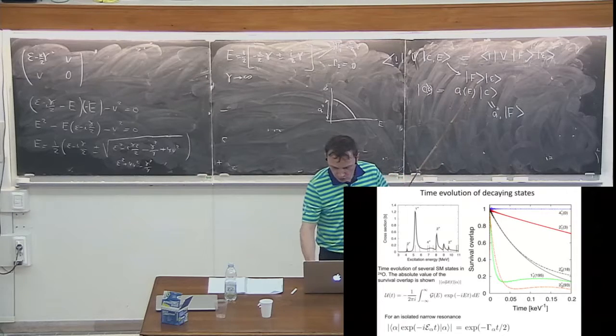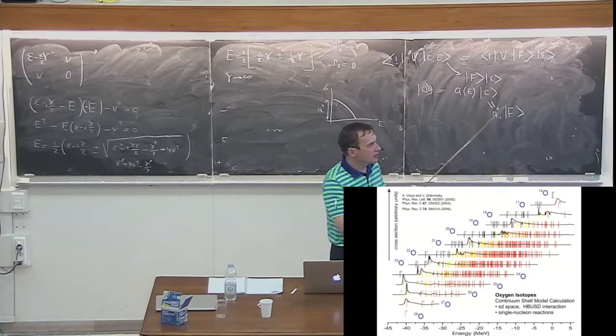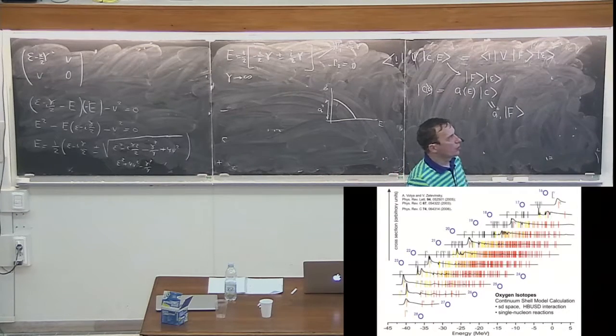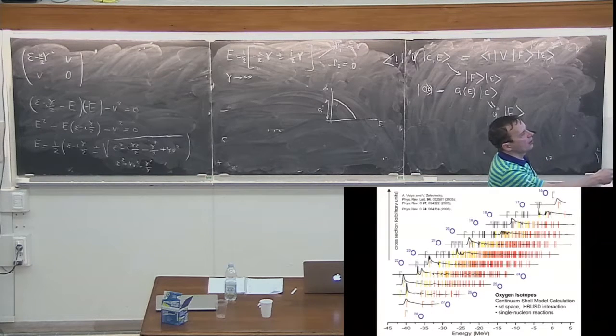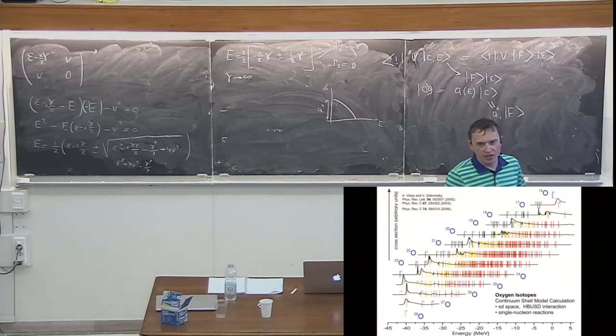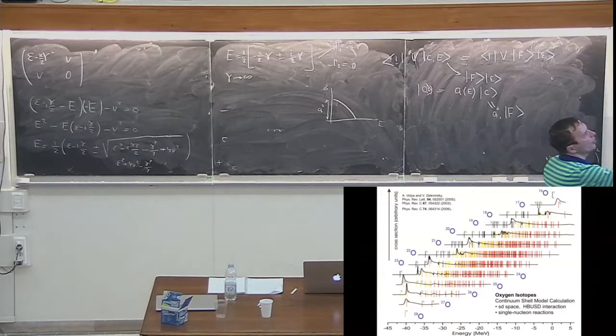Okay, now this model can be greatly expanded, and this is the example that we did some years ago. This is a complete solution of all these oxygen isotopes. What is shown here is their states. Here we have states for different oxygen isotopes, and for each isotope, we have a curve showing a cross-section for neutron scattering on, so for example, if I have here oxygen 21, that would be a neutron scattering on oxygen 20.